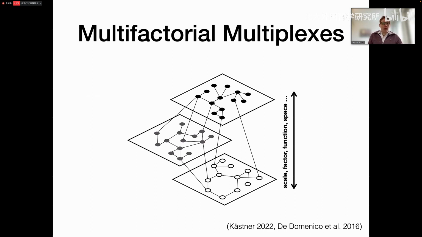Conceptually, that looks very promising, but there's a caveat. There's not actually a concrete case where this has been done so far. There's no specific mental disorder to which this has been applied at this point, at least not to my knowledge. So at the moment, these multifactorial multiplexes are a rather abstract theoretical approach.